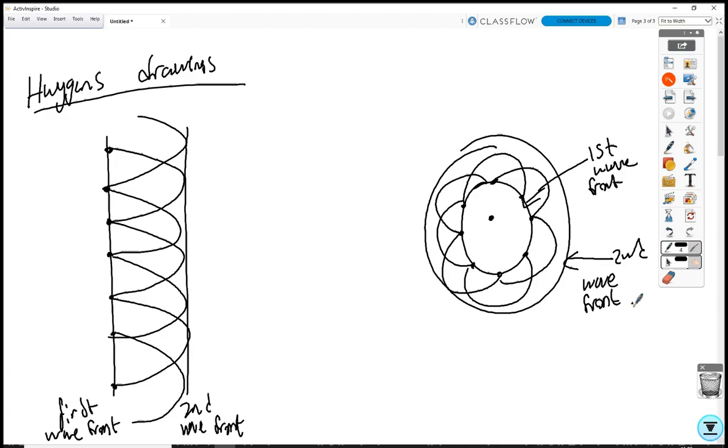Now, looking at Huygens' wave theory, it's quite difficult to explain propagation of light other than using his drawings. So there wasn't an easy way to explain how light propagates unless you use his drawings.